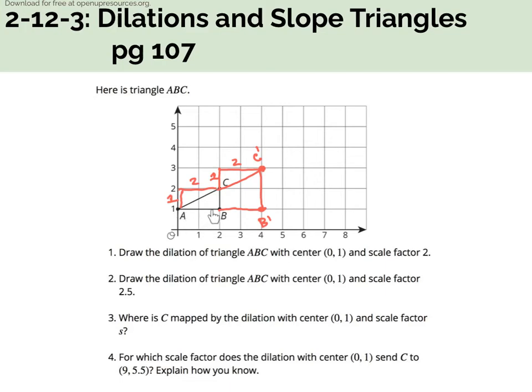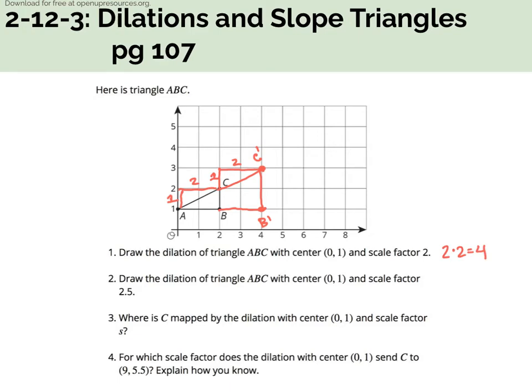Here we went from A to B, and it was 2 steps. And then our scale factor was 2, and we ended up going 4 steps. So what we did on number 1 is for A to B, we took the measurement of 2, and we multiplied by 2. And we got 4. So we're going to do the same thing with 2.5.